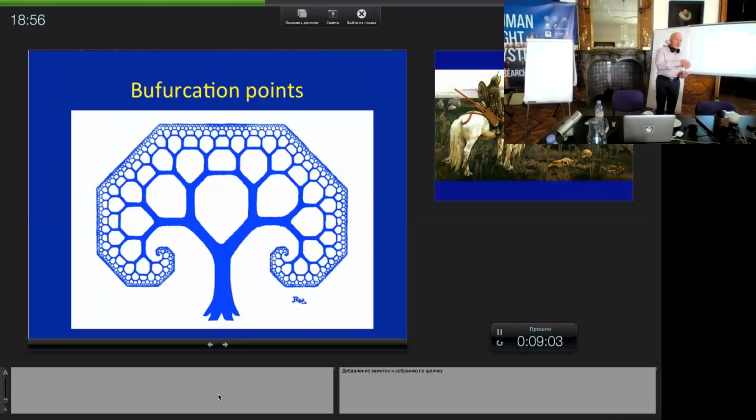To stay in this city or to move to another city. Those are bifurcation points that we have all the time in our life. And all those points are unpredictable. You can never guess what the outcome will be. It seems to you that you like this guy, then after some time you understand that you were in love with another guy, and this guy is not a good one.